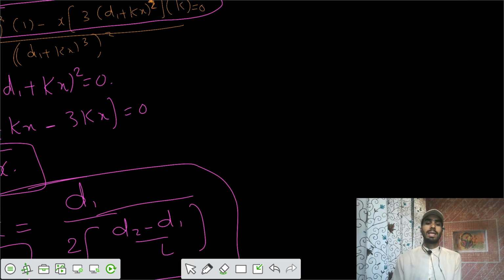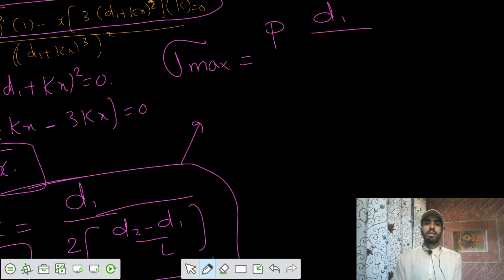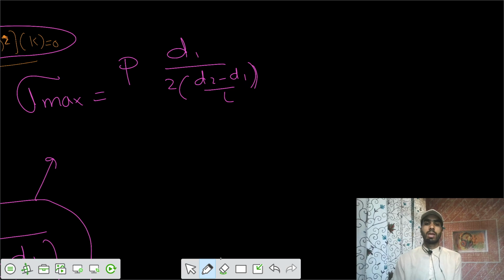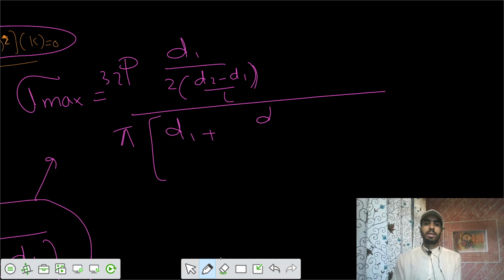If you now calculate the maximum bending stress, it equals P into x, and then the value of dx by 2. Finally, you got that as 32 P by pi, over the cube of d1 plus kx.